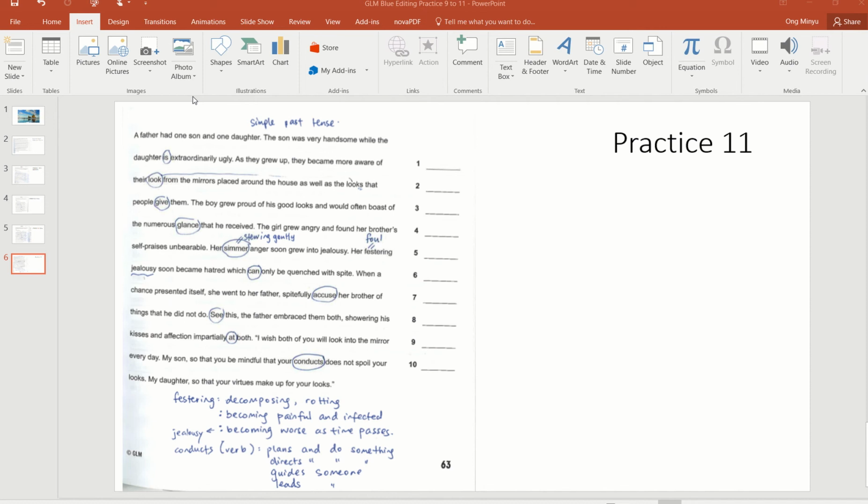Okay, so the error is because it's in present tense. So this is a tense error. So the correct tense should be was because this happened in the past.